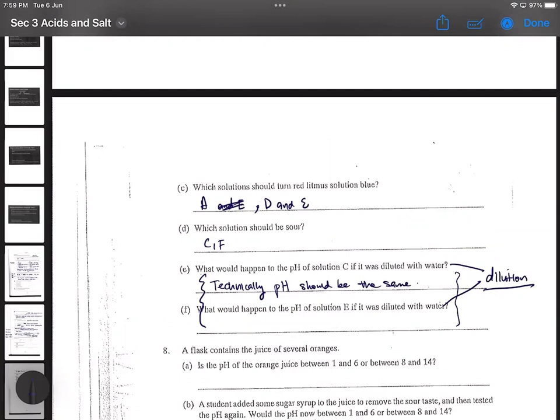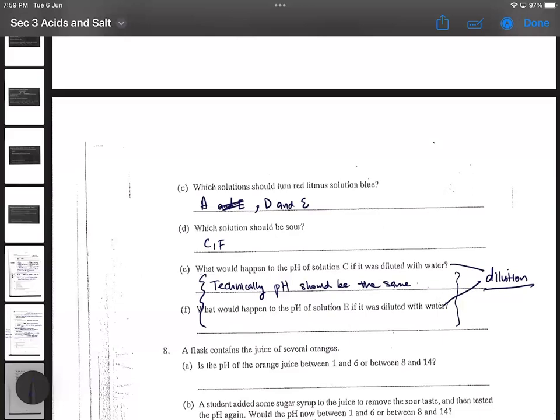Ada, what do you think is the direct impact of adding water to any solution? Doesn't need to be acid or alkaline. What happened to the concentration? It decreases. Correct. No matter what you do, no matter what solution, what kind of substances, as long as you add water to the solution, the concentration will decrease.